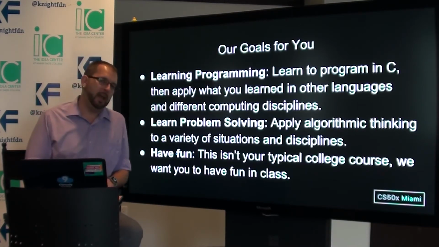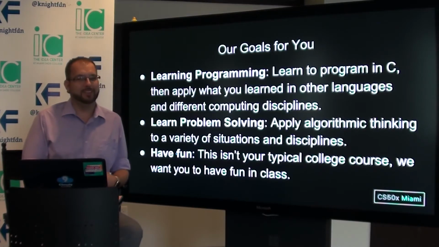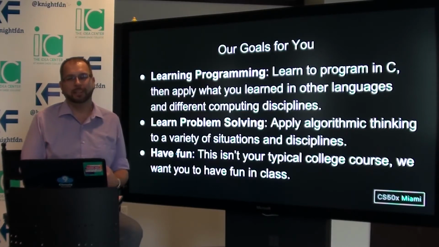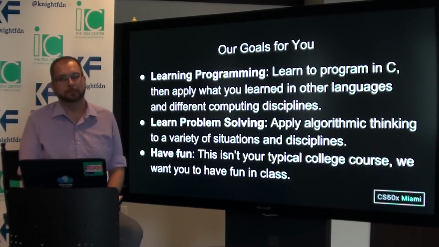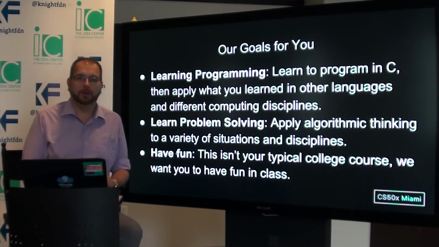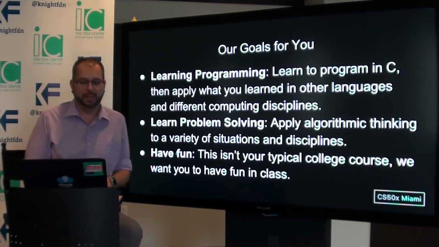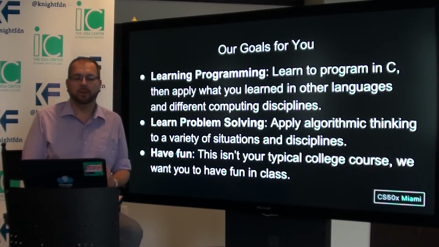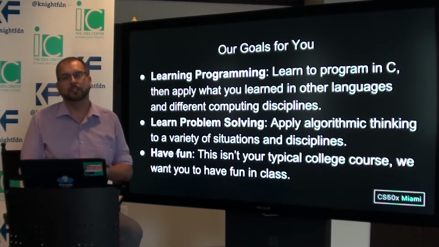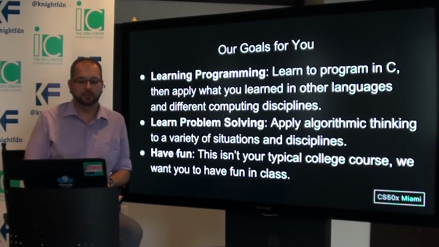We'll also be looking at problem solving. I know you probably have taken many mathematics courses where you've had to deal with those dreaded word problems. We'll be looking at word problems an awful lot in this class. But we'll be developing our own algorithmic way of thinking to solve those problems, to analyze the problems and figure out a solution that works for that specific situation.